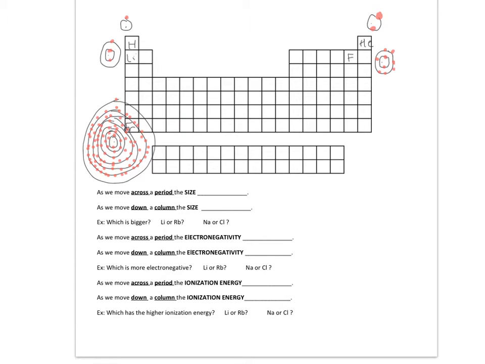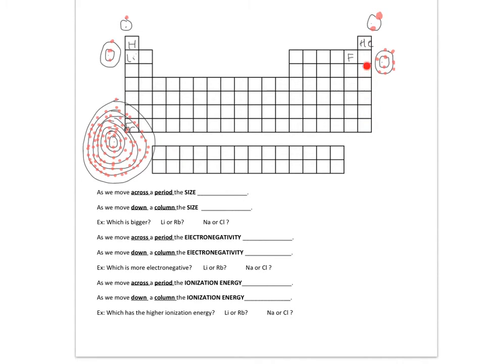So as we go across our table, from lithium to the next, to the next, to the next, we get to fluorine, and then our noble gases, every time our atom gains an electron and a proton. And when it does that, it starts to want that electron more and more because it wants to gain one more electron and one more electron because it wants to have that nice filled outer shell.